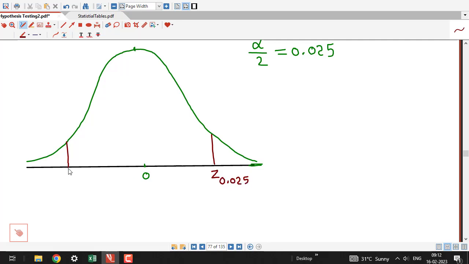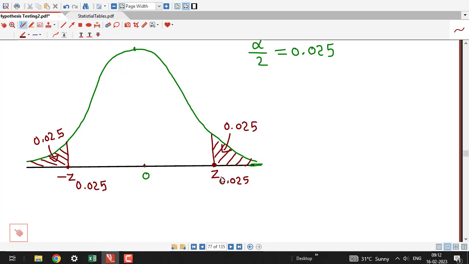Therefore these 2 points are z suffix 0.025, this is z suffix 0.025 with negative sign, and these two shaded regions are critical regions or rejection regions, and area in both the tails is 0.025, and we have to determine these critical points or critical values.